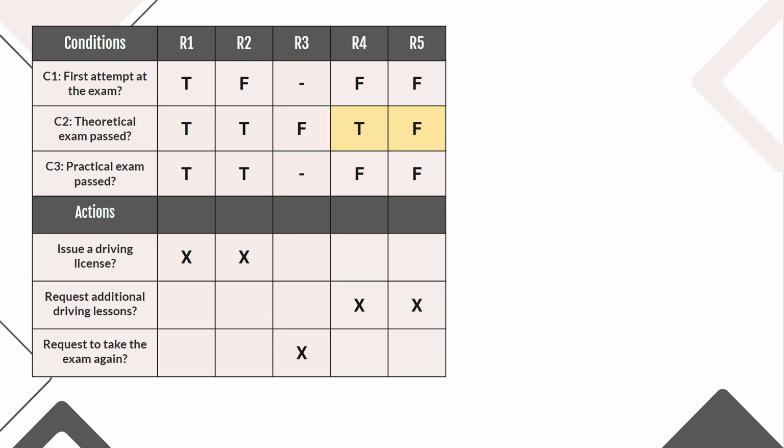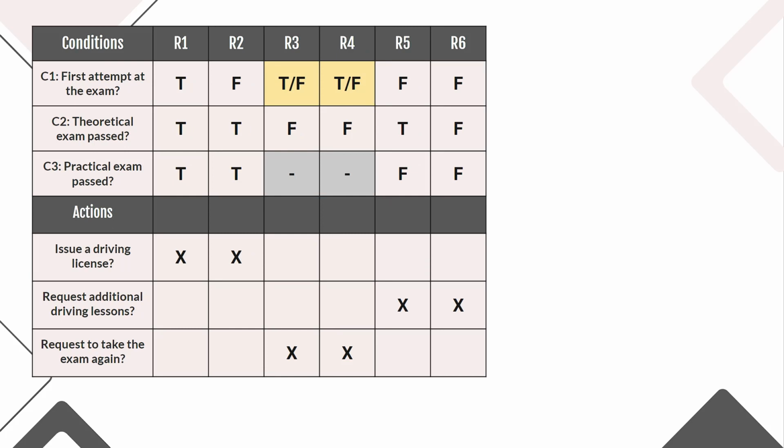The next rule is complicated. As you can see, 2 conditions are combined into one. The condition first attempt at the exam is marked with a dash, and the condition practical exam passed is marked with a dash. And here it is important not to make a mistake and disconnect both conditions in a row. First, let's separate the first condition in the same way as before. As a result, we will get 2 new columns, one is marked as true, the other as false.